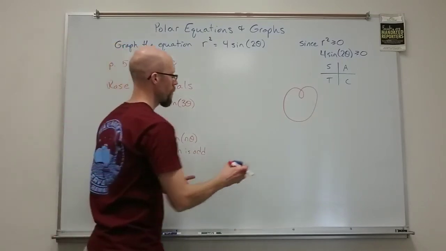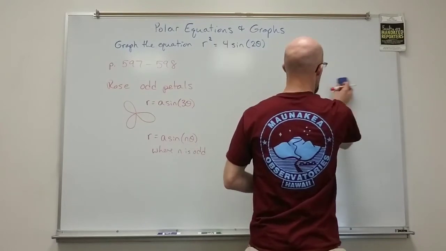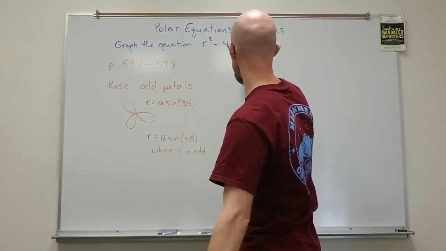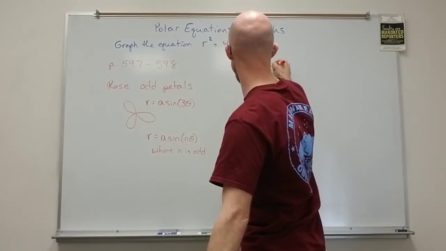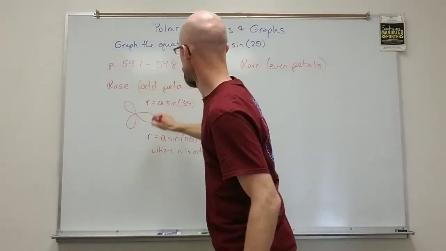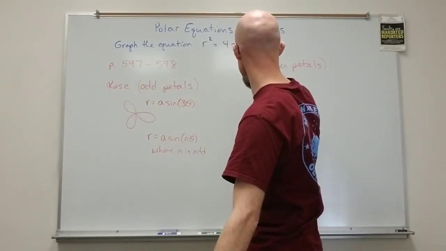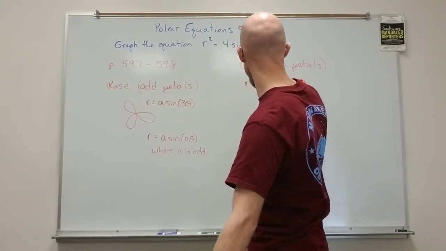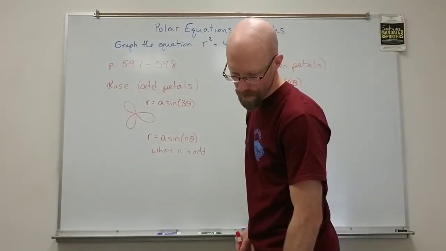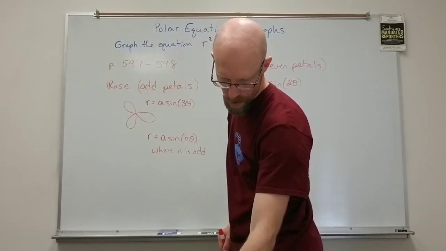If you're dealing with an even number of petals, the formula is definitely different. For even petals, let's do that in parentheses, looks a little nicer. That's going to be R equals a sine of 2 theta, or again, it's n theta, and I've got to double check on this before I say it out loud.